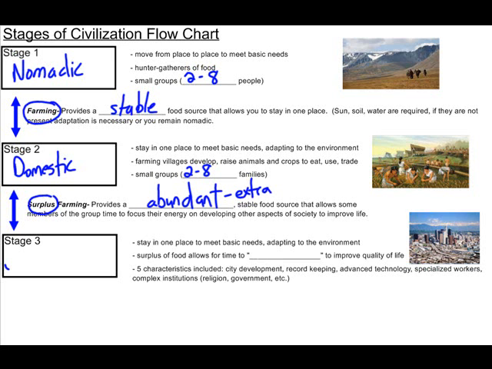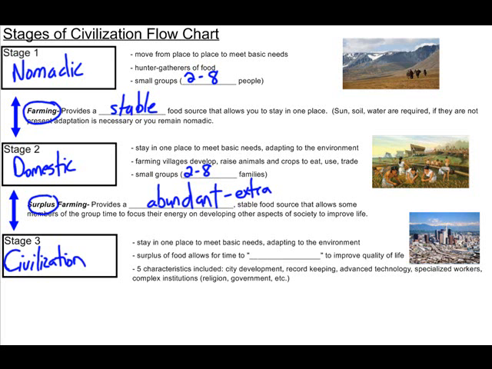And so the goal here is to develop their energies into something else that could improve their life. And when they do that, when they improve their life and they have time to do other things, this is where we move into stage 3, which we refer to as civilization.